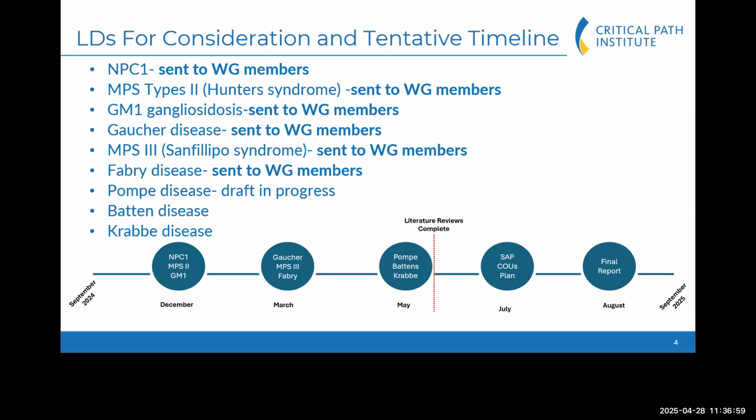And so we started with the development of a biomarker landscape report with the 9 LSDs. And this is kind of where we are in terms of the consideration and the tentative timeline.